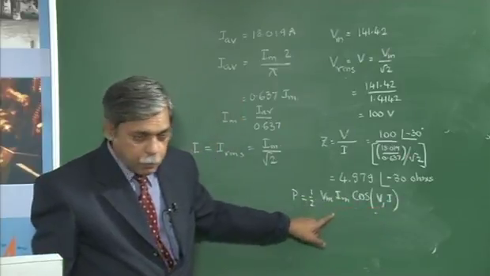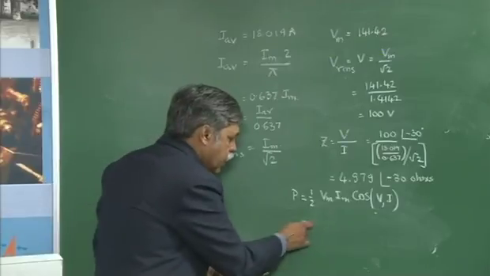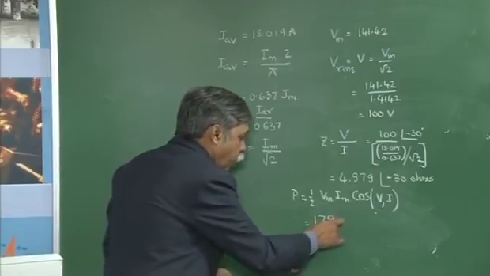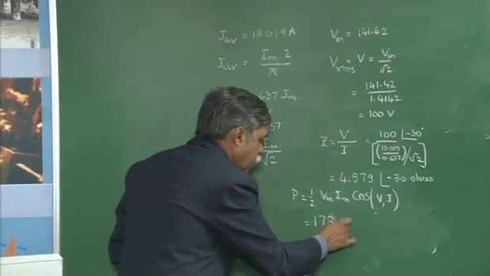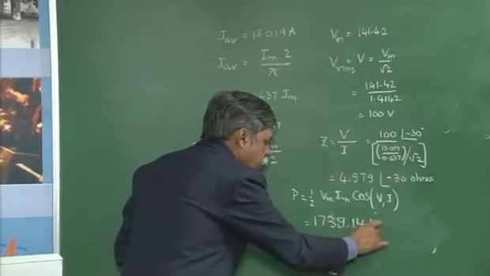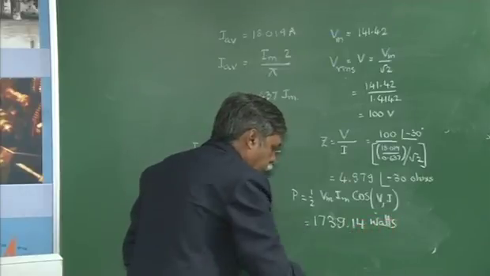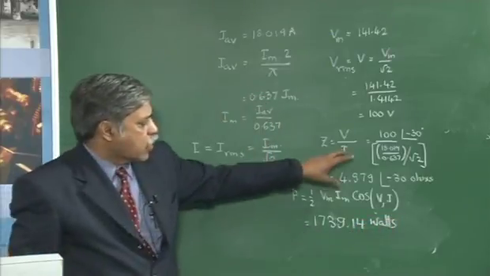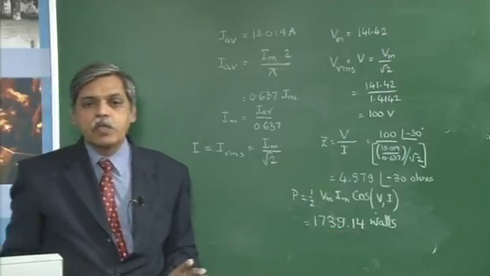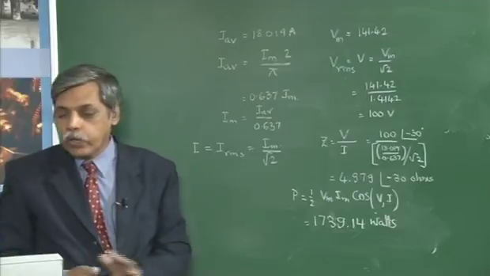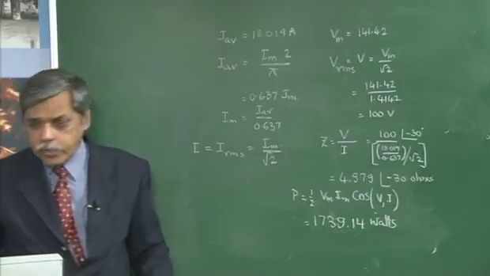Then the power product and all results in 1739.14 watts. This will be the power consumed in the circuit. Only the resistance of the circuit will be consuming this power, because for the capacitive reactance, the average power consumption will be 0, okay.